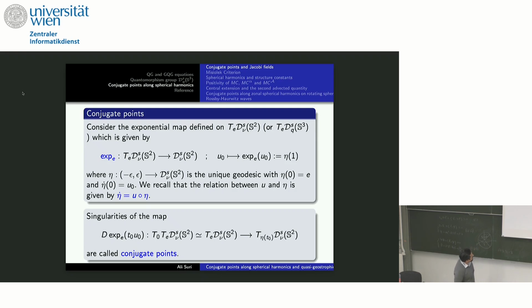I will focus on this group of volume preserving diffeomorphisms with the metric that we introduced, but it's the same story for the quantomorphism group. The exponential map is defined by sending u0, the initial condition, or the Lie algebra element here, to the solution at time 1.